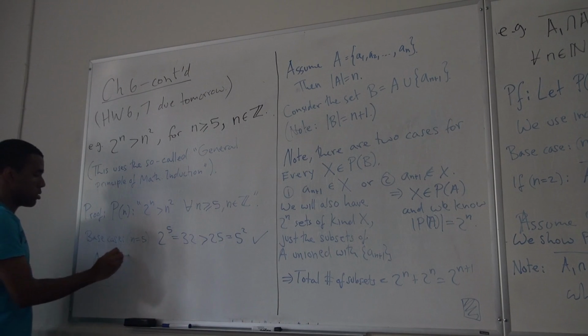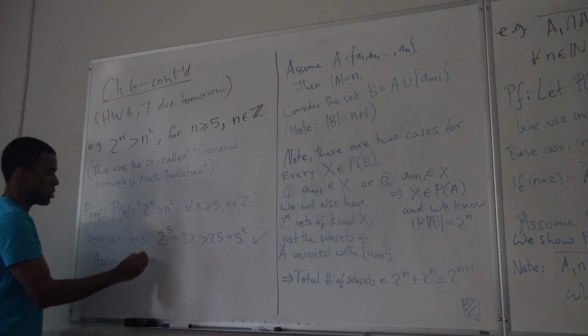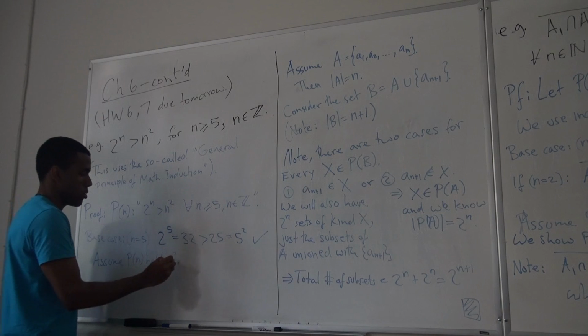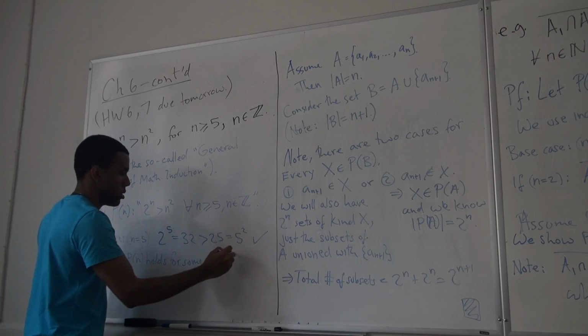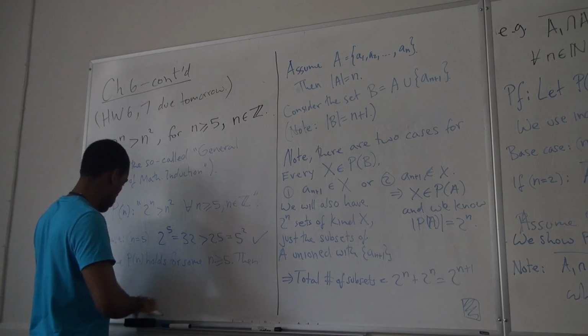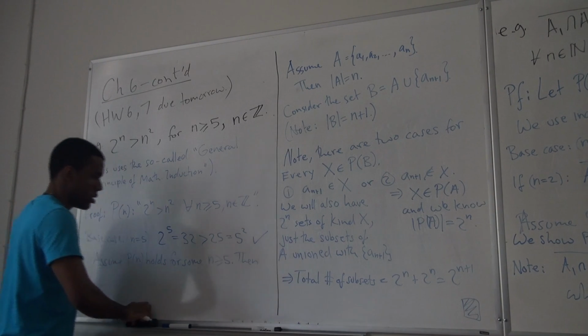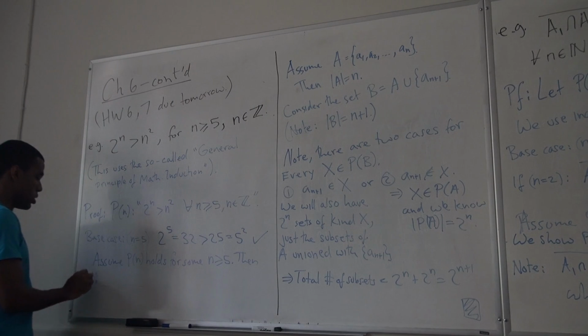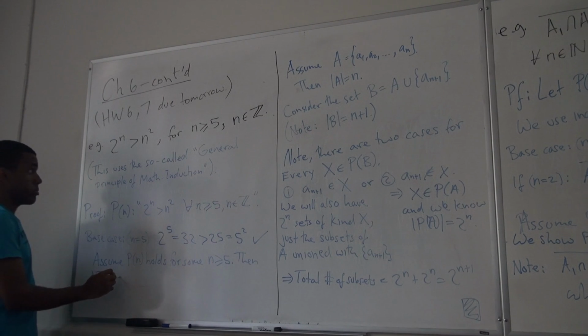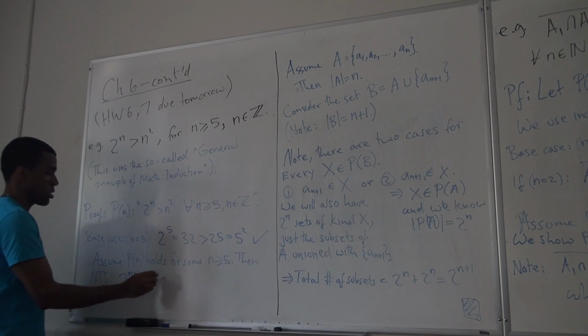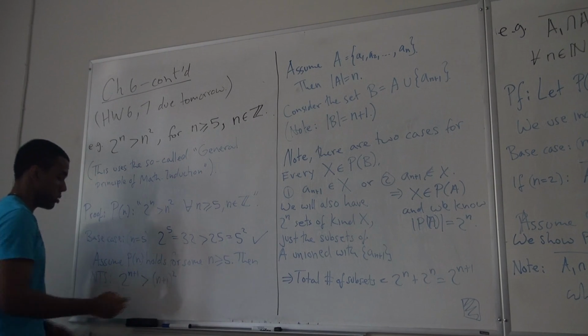Assume Pn holds for some n greater than or equal to 5. Then we need to show, what do we need to show? 2 to the n plus 1 must be greater than n plus 1 squared.